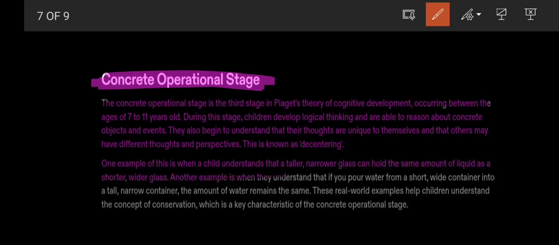Another example is they understand that if you pour water from a short wide container into a tall narrow container, the amount of water still remains the same. These real world examples help children understand the concept of conservation, which is the key characteristic of the concrete operational stage.